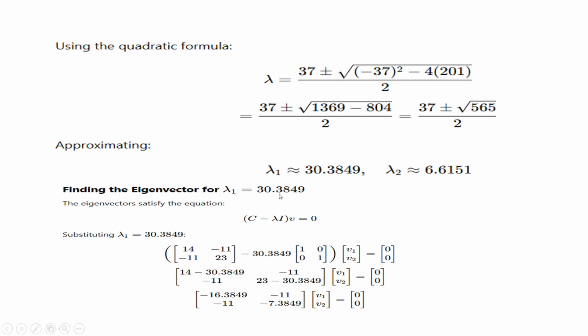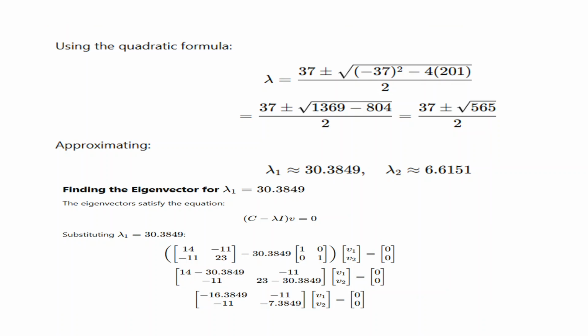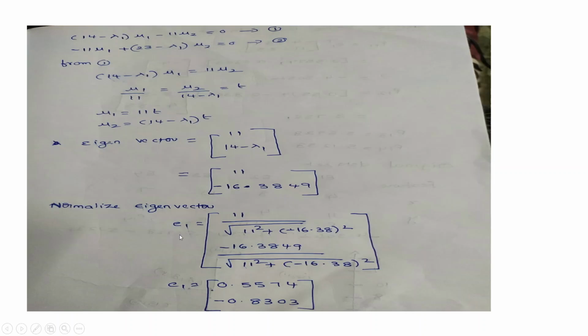So considering that eigenvalue, I substitute in the equation to generate eigenvectors. It's a simple procedure to elaborate how we are generating eigenvectors. After substituting in the equation, we are getting first equation, second equation like that.